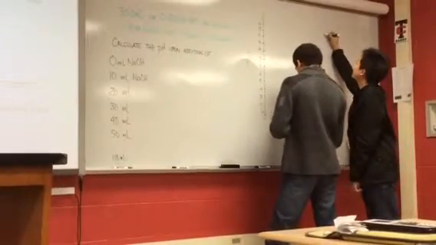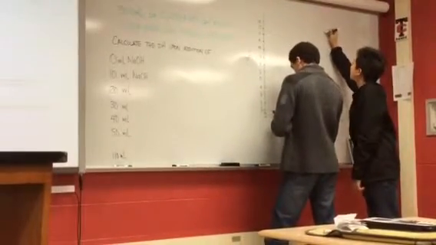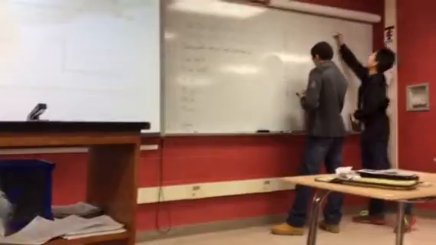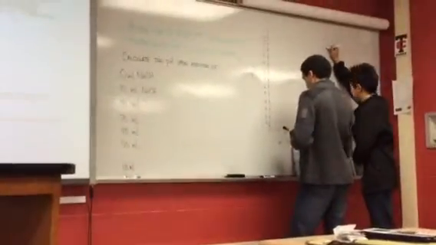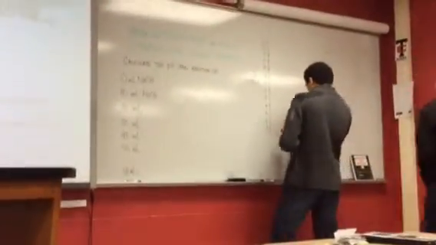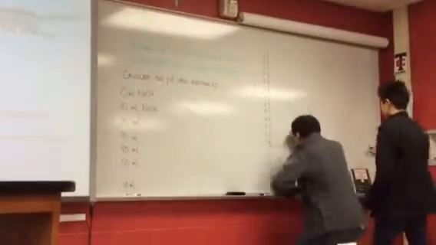Alright. And then 1 mole of NaOH, because... 1 mole? Wait, not 1 mole. 2 moles. No, it's 0.1 times 0.2. It's not 0.2, dude. It's 0.02.